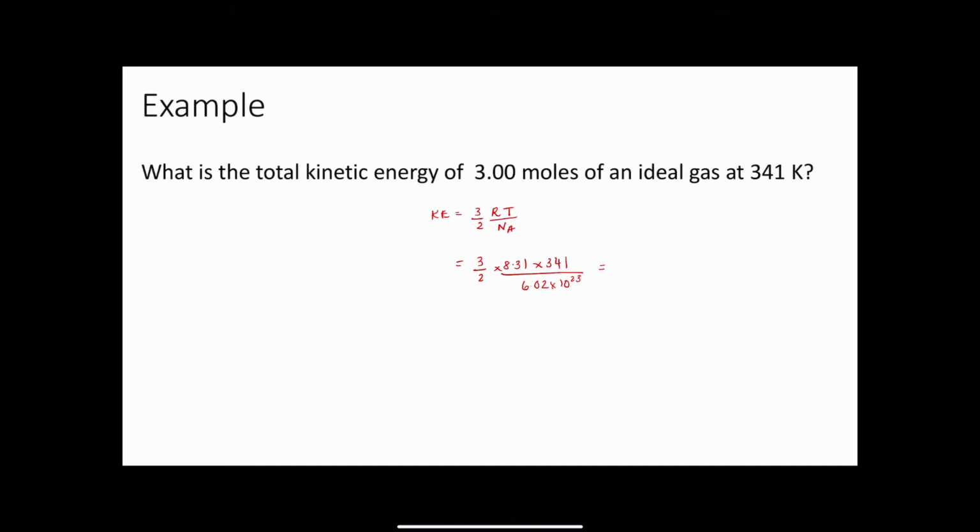We'll end up with our average kinetic energy of 7.06 times 10 to the minus 21 joules. We're then going to multiply that by the number of molecules in the gas. So remember that number of moles times Avogadro's number gives us big N, times the energy we've just found, 7.06 times 10 to the minus 21.